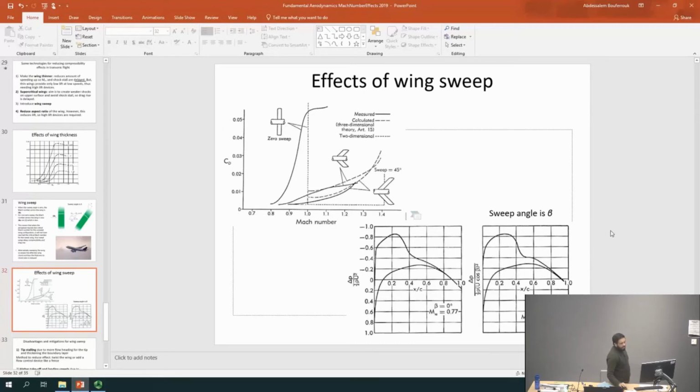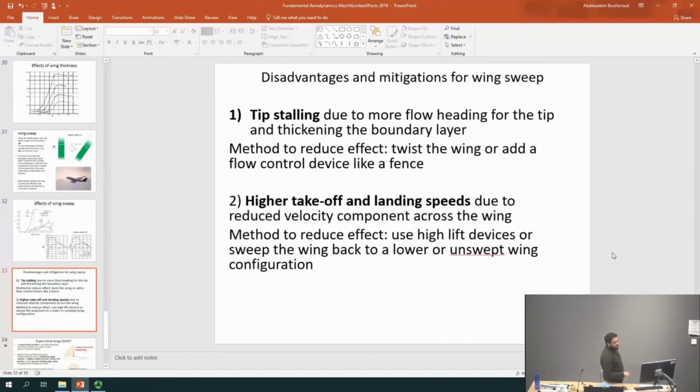So that's sweeping. I thought I'd give you some things to think about. Obviously, in engineering, there is no perfect solution. There's always pros and cons. So I'm just listing here two disadvantages of sweeping the wing and how we might deal with them. If you have any better solutions, please share them with us.